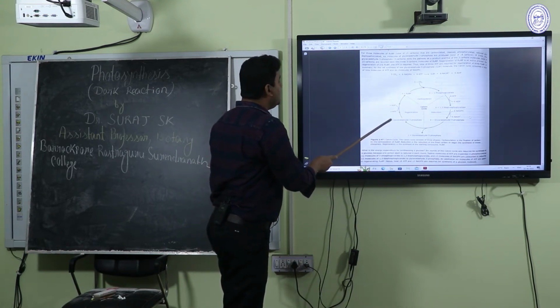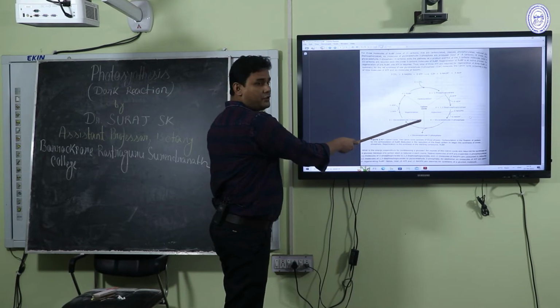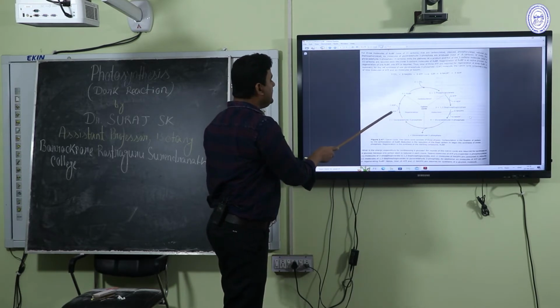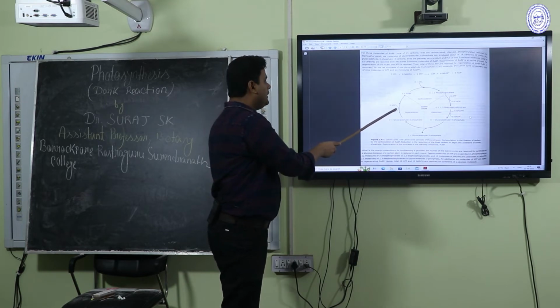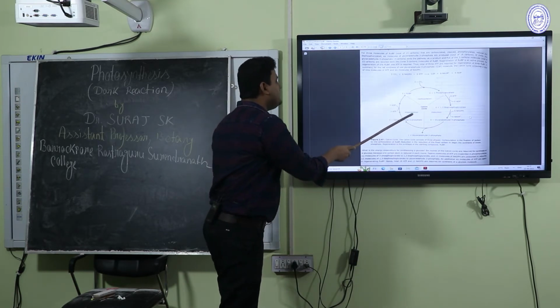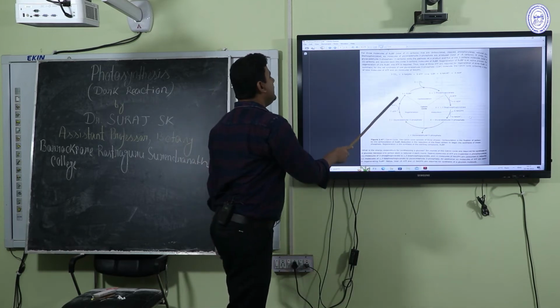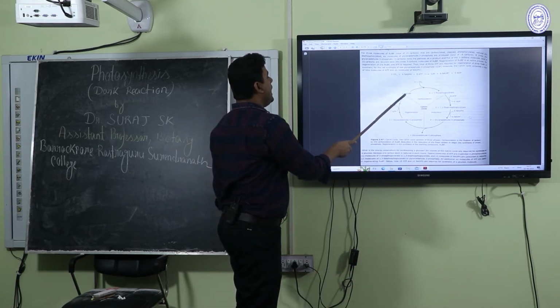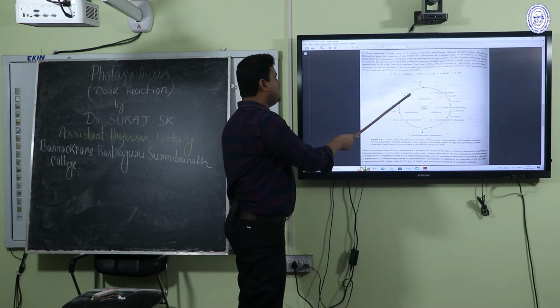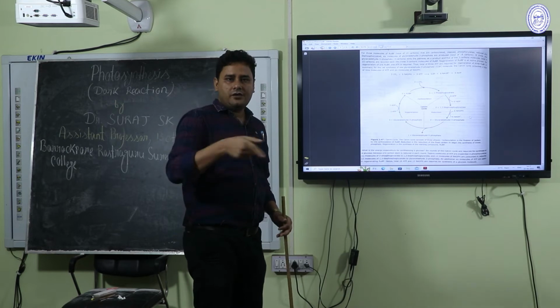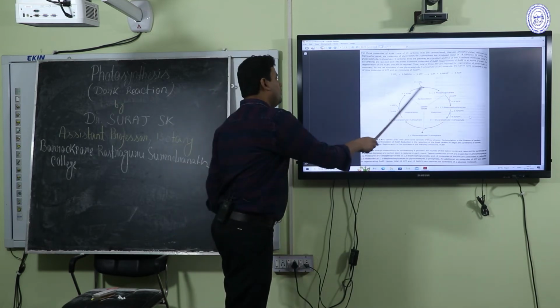Among these 5 molecules, with the help of 3 ATP molecules in the regeneration procedure, they will be converted again into 3 molecules of ribulose 1,5-bisphosphate. So this cycle will continue in this way.